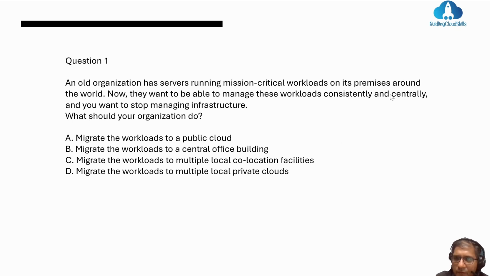The next component of the question says centrally. When you say centrally, I cannot run it across multiple different local private clouds. If you're doing it with multiple local private clouds, then probably you cannot get everything in one place. So you're left with option A, to move the workloads to the public cloud. That's the only valid option.